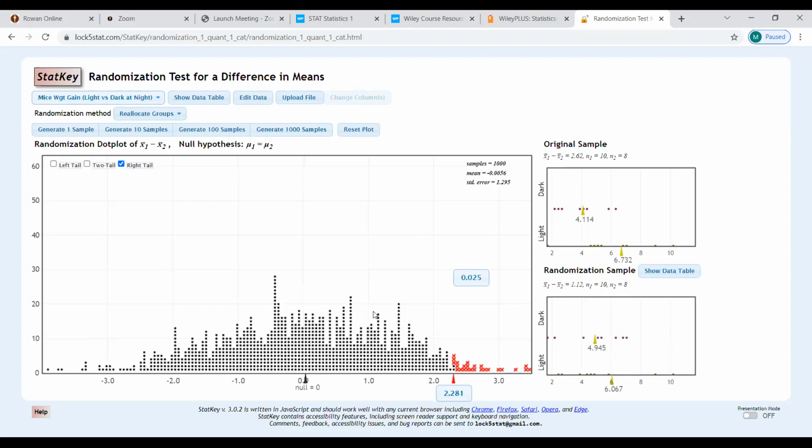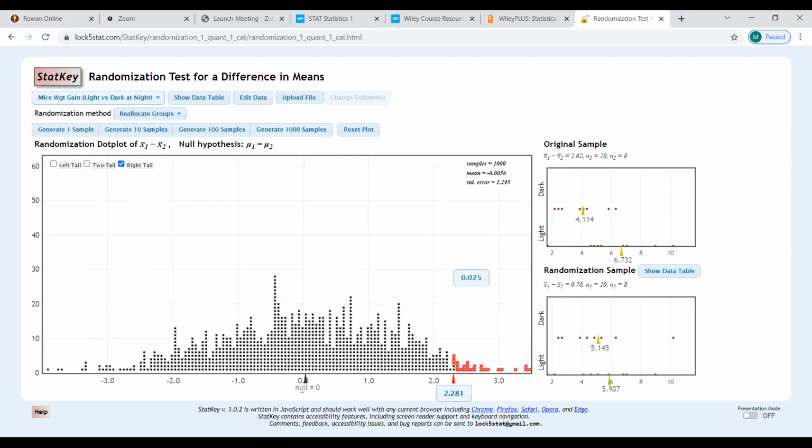Each one of these samples is like the original sample, except it has different means for the light group and dark group. And the way StatKey does this is it assumes that the null hypothesis is true. In other words, the middle average is about 0. So notice the null is 0.